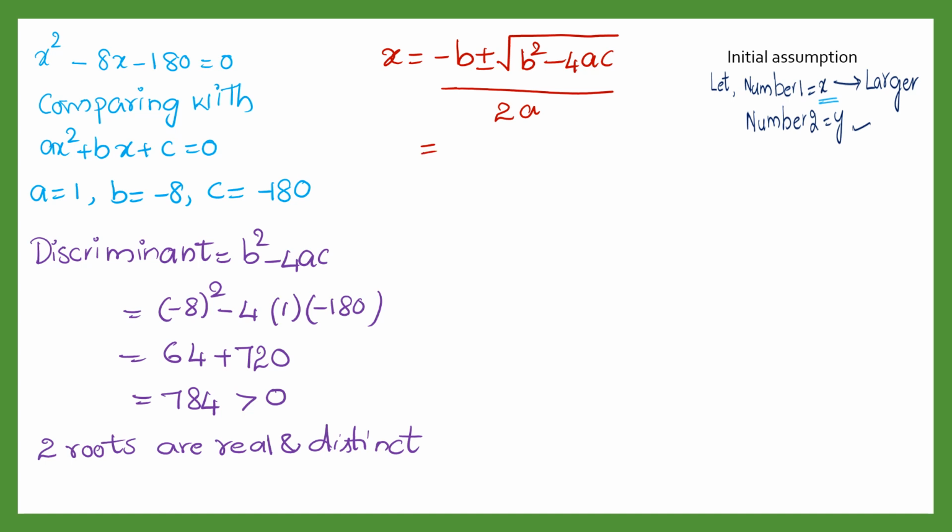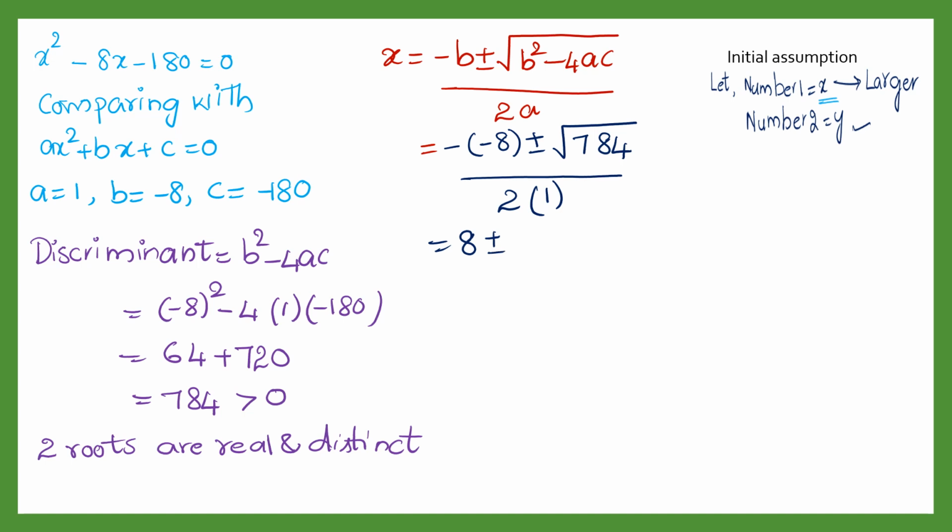Now, what is minus b? Minus of b is minus of minus 8, plus or minus root of b square minus 4ac, you got it as 784, by 2a. A is 1. See, minus into minus is plus. So, plus 8 plus or minus, what is root of 784?